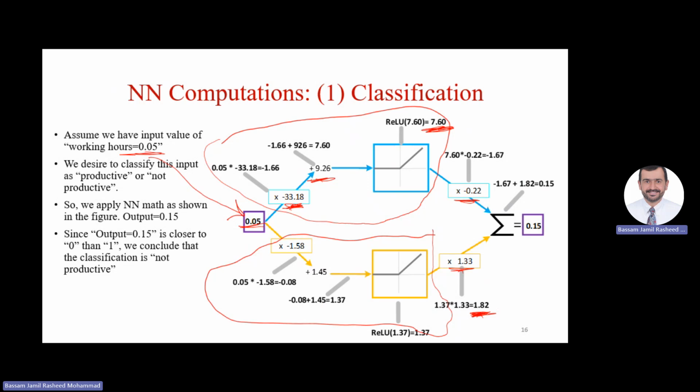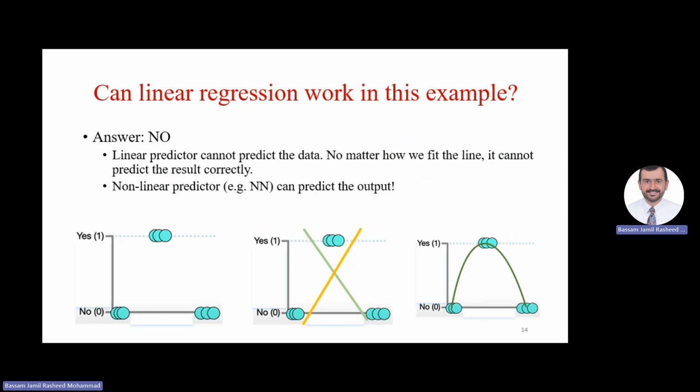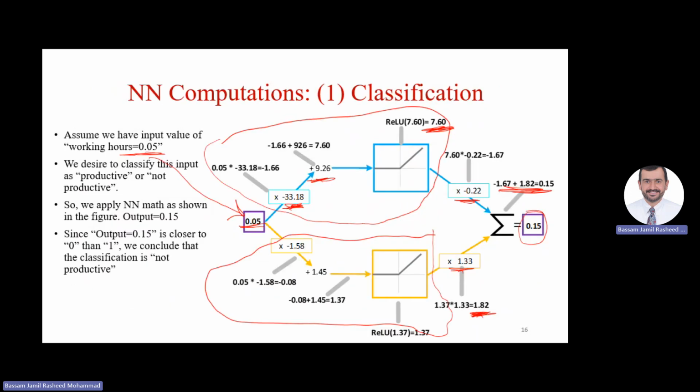Then I sum the results and I get in the output node 0.15. That's the result, which is very similar to what I expect, by the way, right? Why? Because if you have a small number of hours, you should get a small productivity number. Okay. All right.